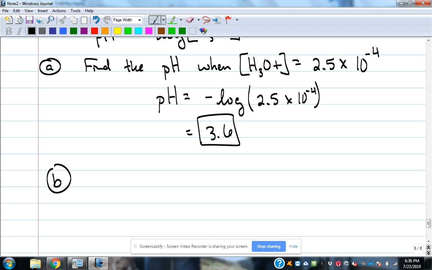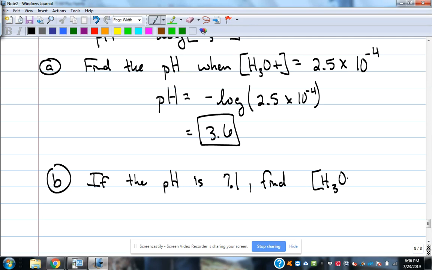So this is kind of leading us into the next section that we will cover, and that is if the pH is 7.1, find the concentration of not H2O, but H3O, hydrogen ion. Okay, so finding the concentration of the hydrogen ion.